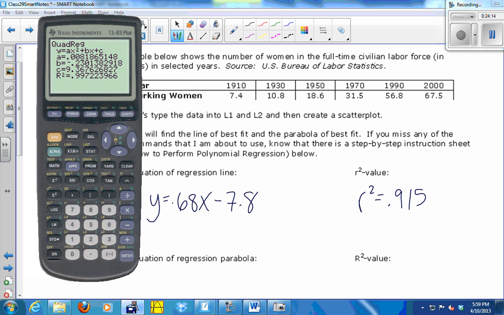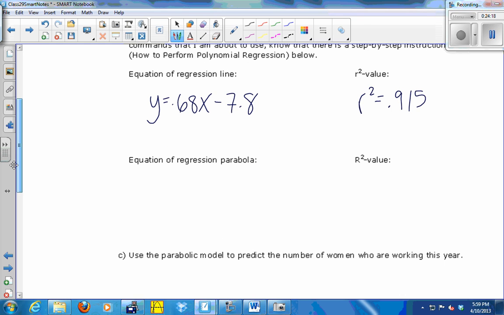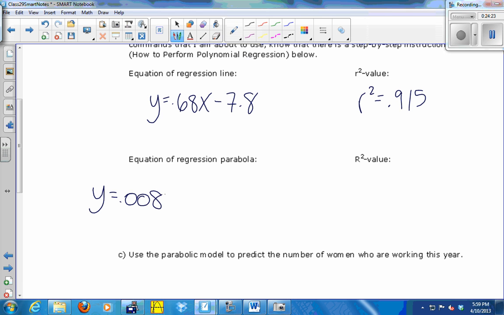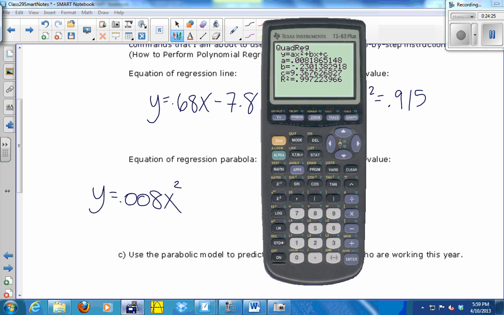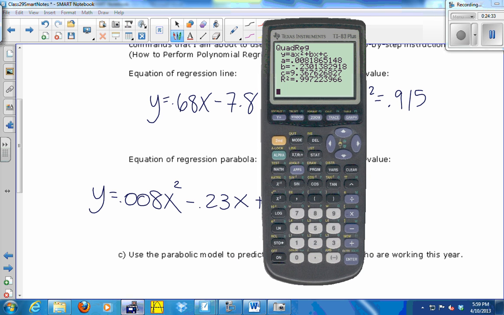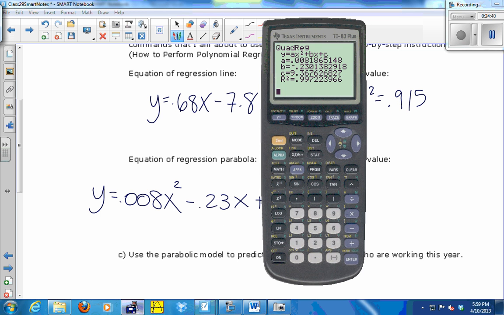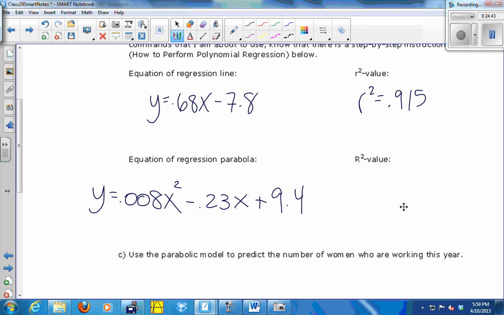And we have 0.008x squared minus 0.23x plus 9.4. And my r squared value is 0.997. Really close to 1.